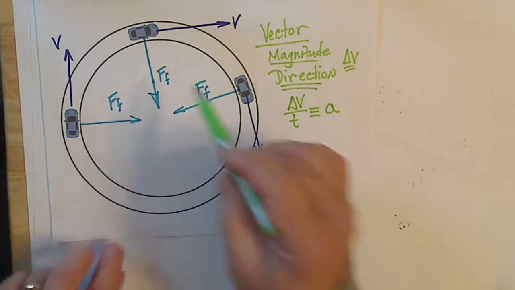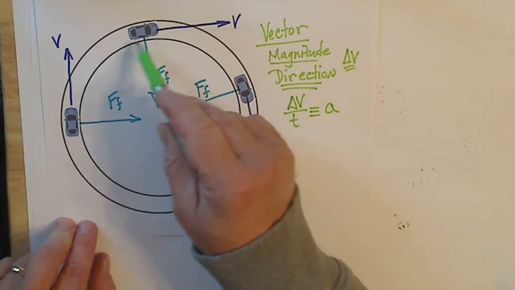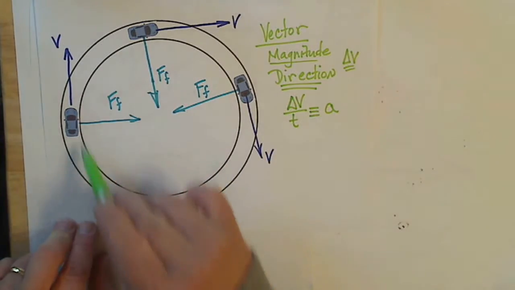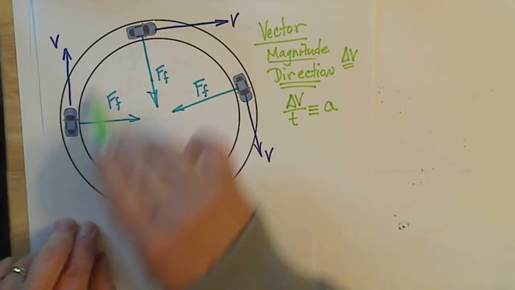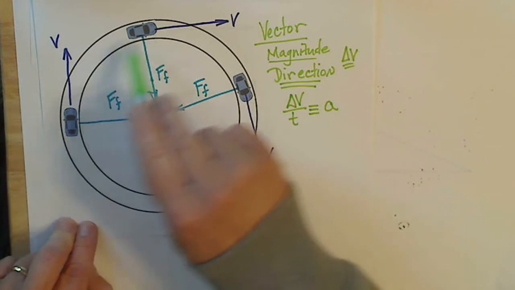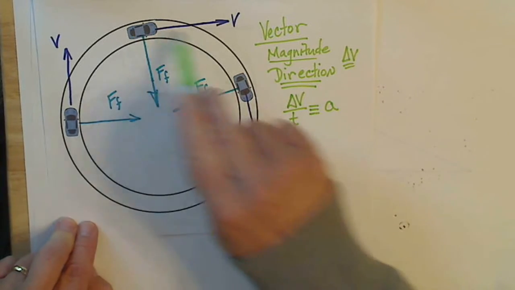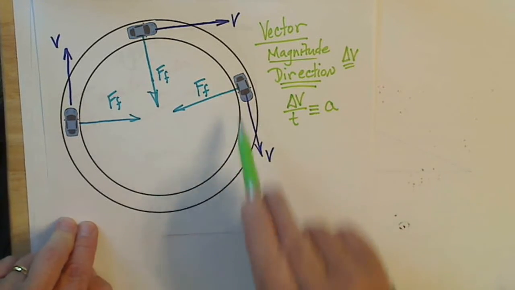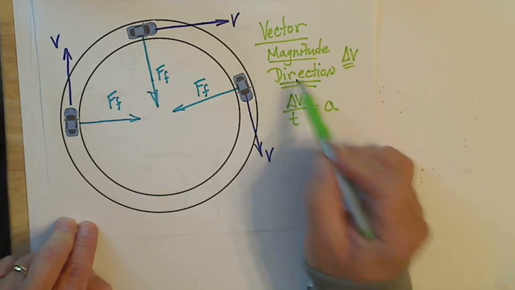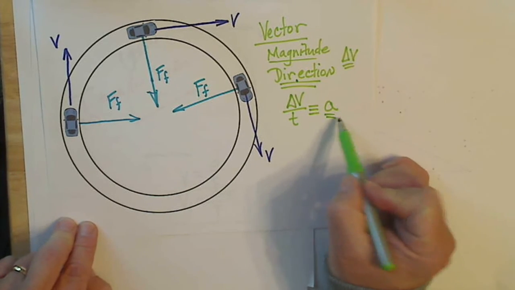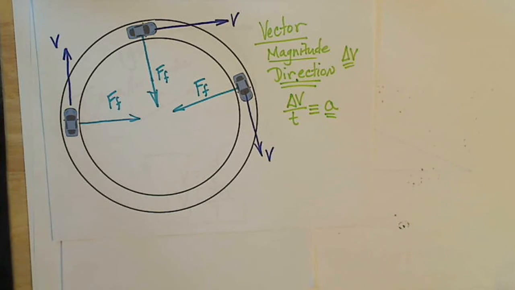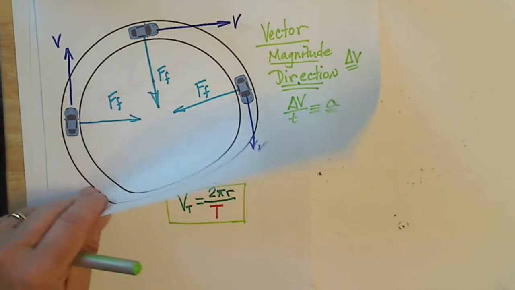So that means even though a car or an object is going around a circle at a constant speed, at 20 miles per hour, at 5 meters per second, because its direction is changing, it is still technically accelerating. Okay? So that answers our second question.